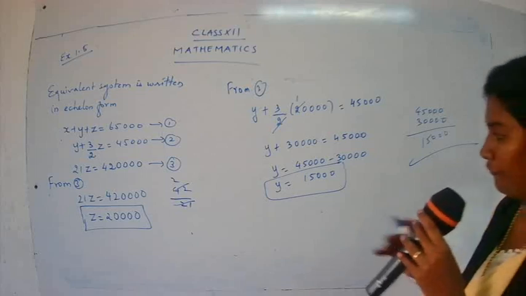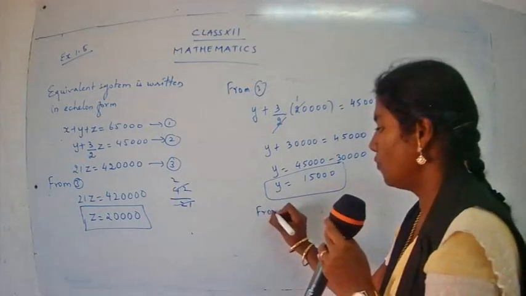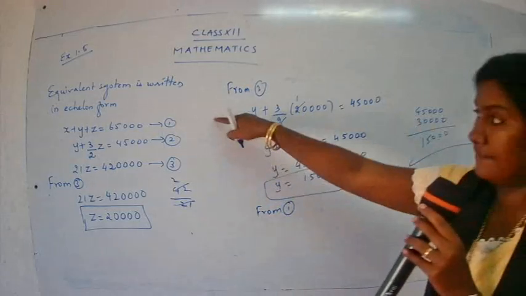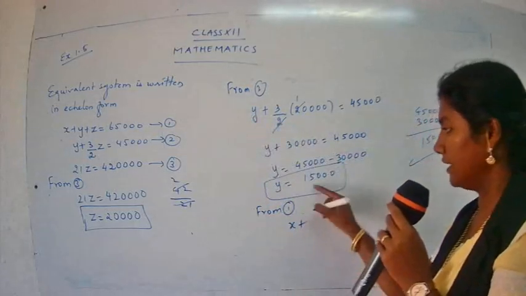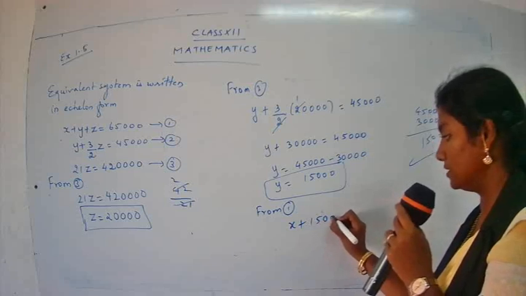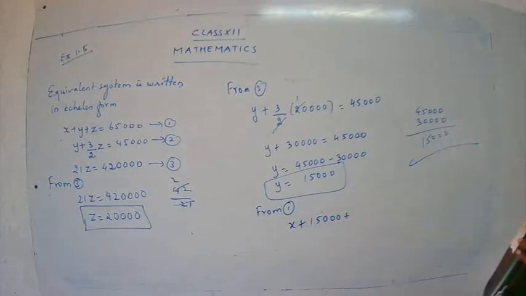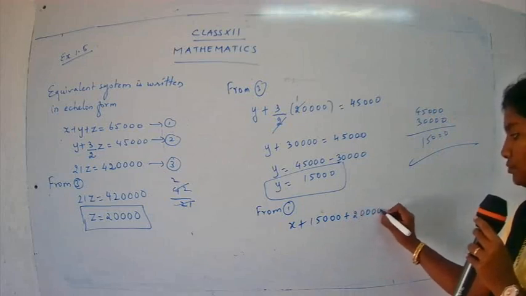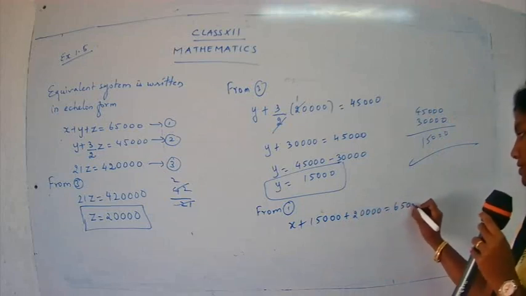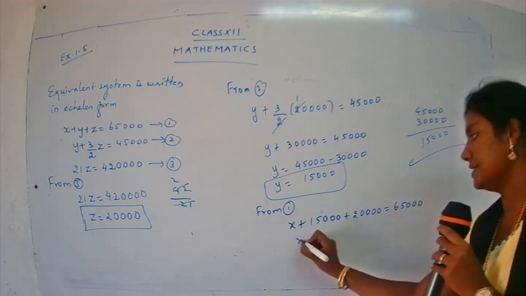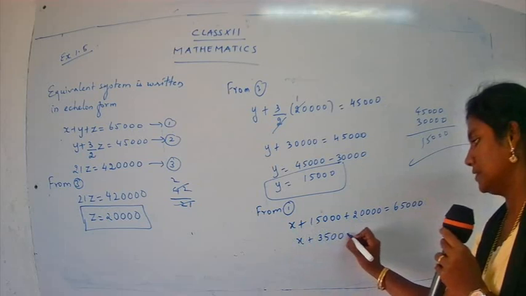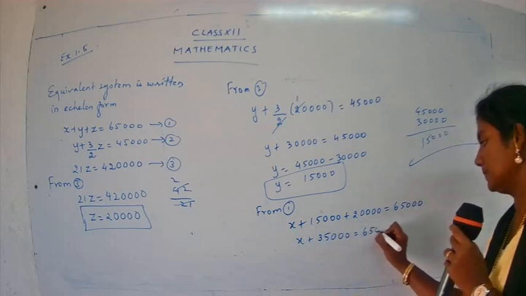Now from 1, what do you get? From 1, x plus y plus z is equal to 65,000. I know the value for y, that's 15,000. I know the value for z, that is 20,000. And this totals up to 35,000. So x plus 35,000 is equal to 65,000.